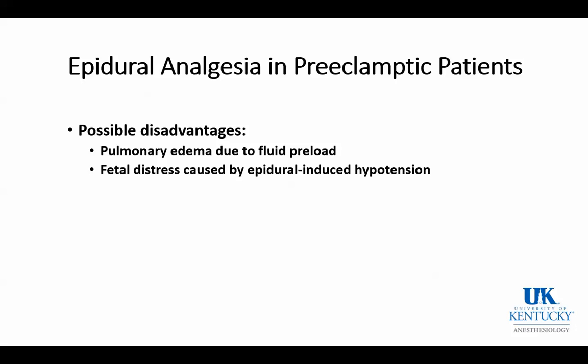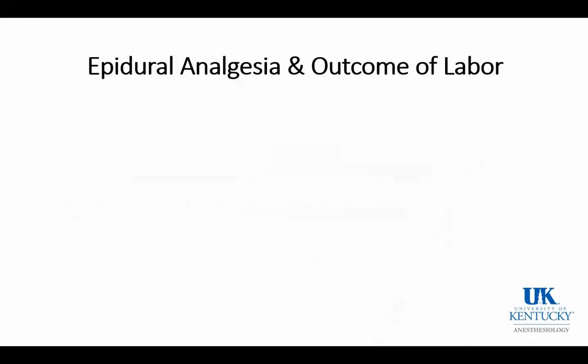So those have been disadvantages suggested by some obstetricians and anesthesiologists. The reality, though, is that scientific studies have refuted these concerns. If you're careful with your fluid management, you're not going to put the patient into pulmonary edema, and there's no evidence that these women are more likely to develop fetal distress as a result of epidural-induced hypotension than a non-preeclamptic patient.